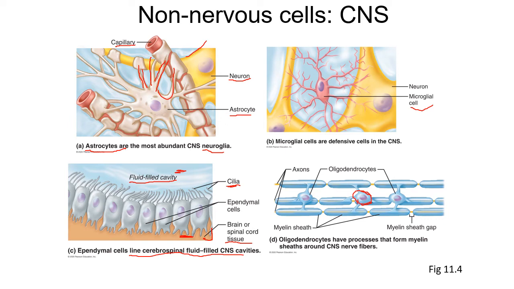But again, they have these different cytoplasmic extensions, and it's these extensions that wrap around the axons to form the myelin sheath. The myelin sheath is basically a fatty coating around the axon of the nervous system cell, the neuron.